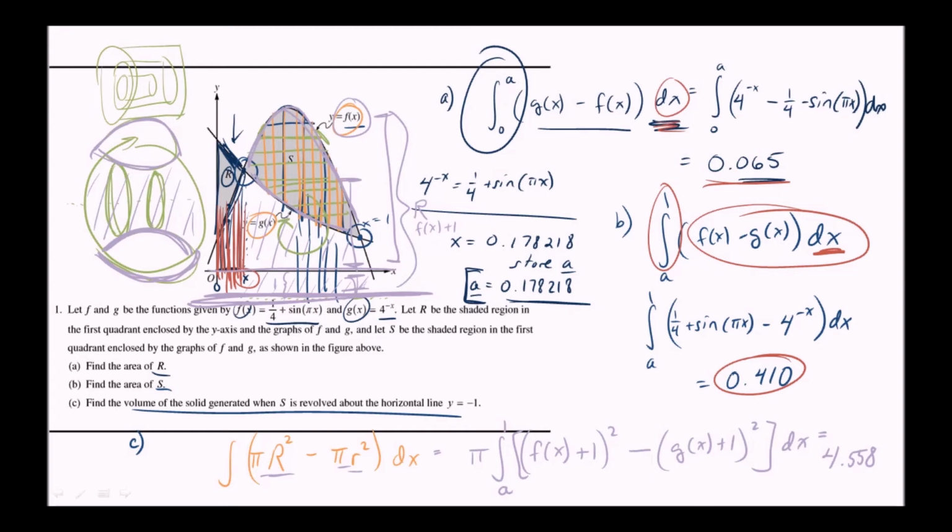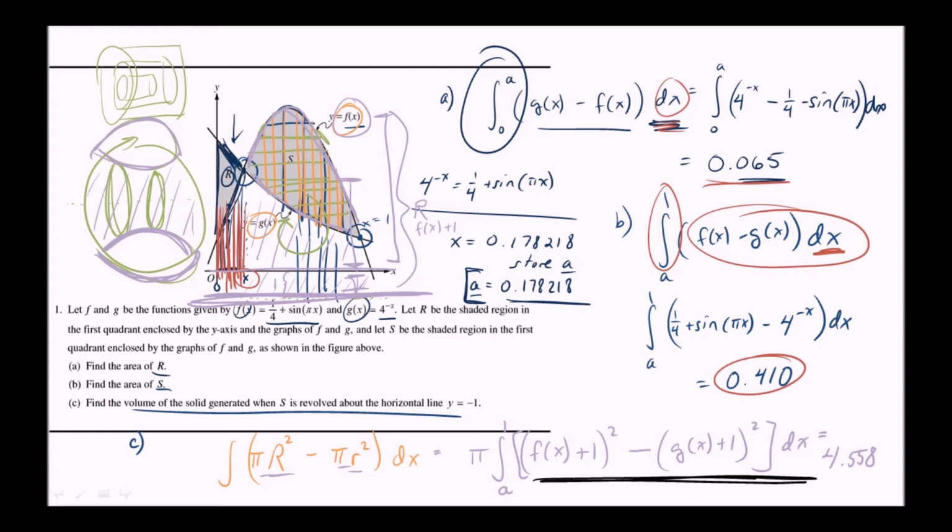To get 2 points, 2 out of the 3 points for this part C, is dependent on this integrand, what is contained within the integral. So you have to have the requisite components that make up the solution to find the volume.